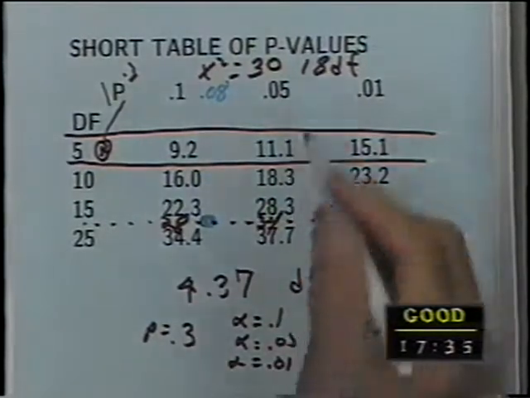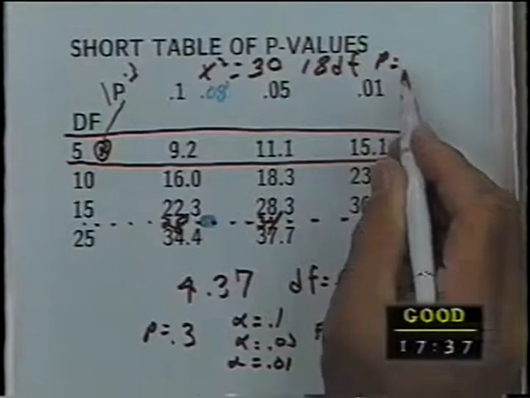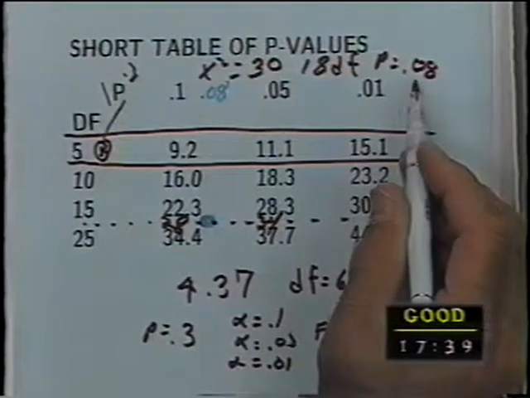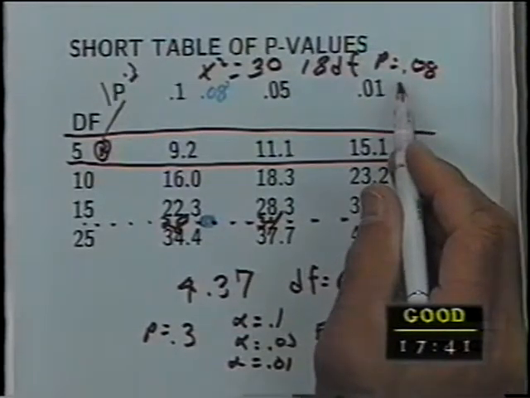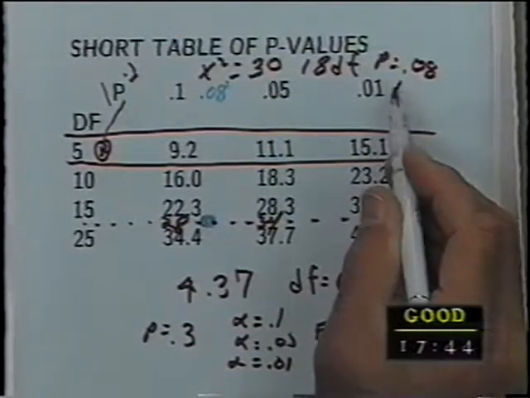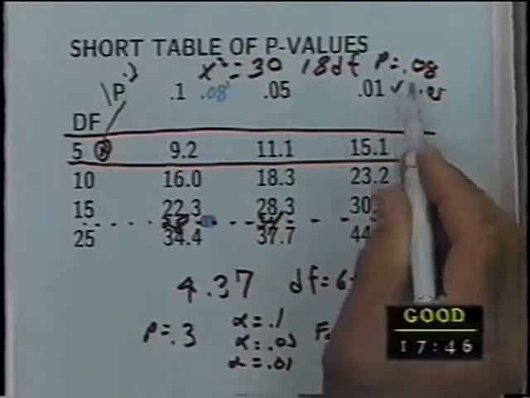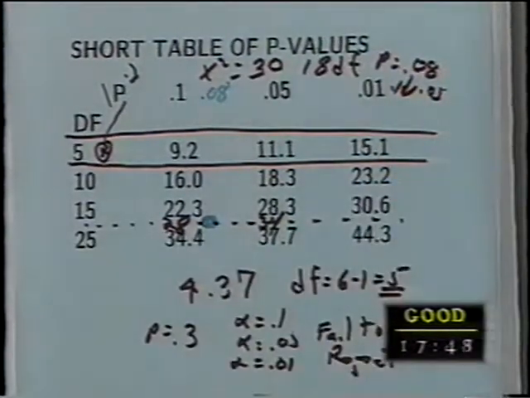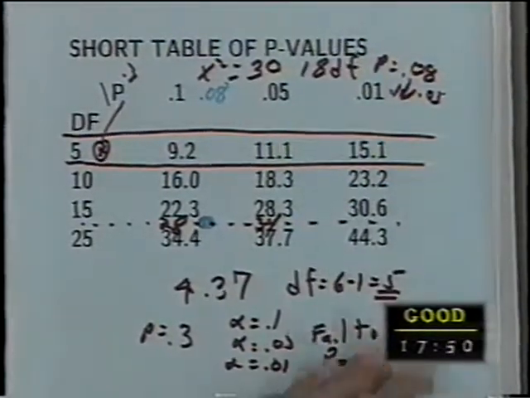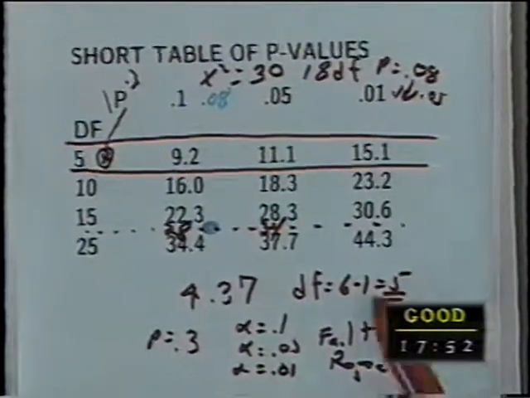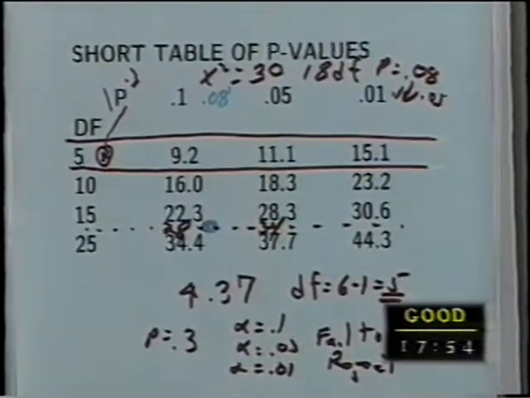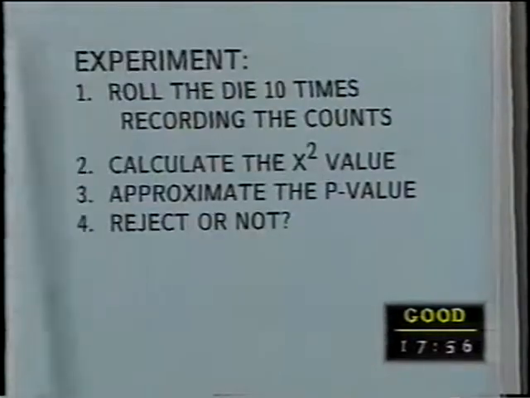So for this situation here, the p-value is 0.08, or approximately. At any rate, it's between 0.1 and 0.05. I don't care where it is in there, as long as I know where it is. Okay? That's how we use this table, and we can solve any of the problems you like.